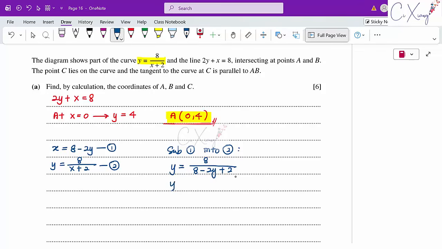Okay, then after that, I want to get rid of the denominator. I need to move it up to the left-hand side. So I will be having 10 minus 2y equals to 8. And I basically will get a quadratic equation.